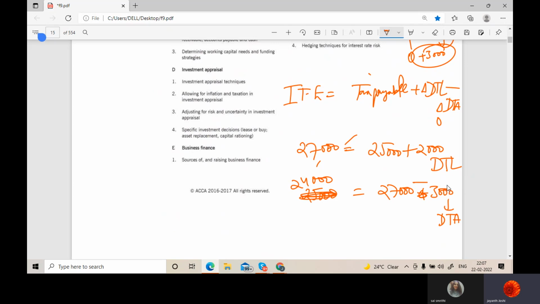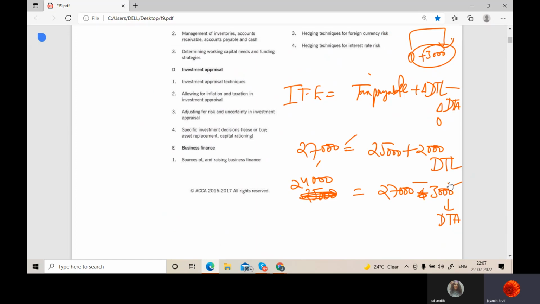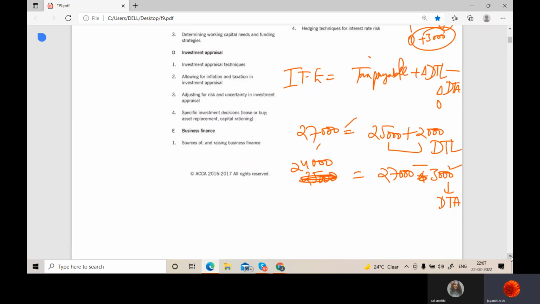That means I paid excess tax for which I can claim a refund in the future, or in the next year's profits these taxes would be adjusted. The meaning of asking refund is that this can be adjusted. Here the deferred tax liability is created, and here I need to pay excess. So DTL is very clear.